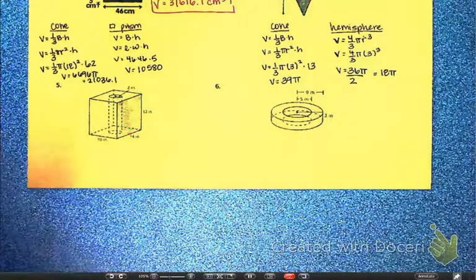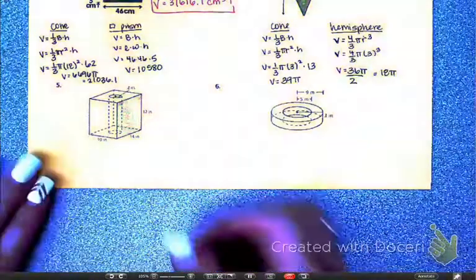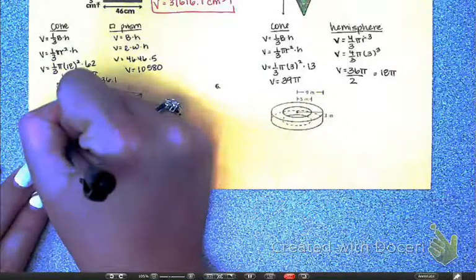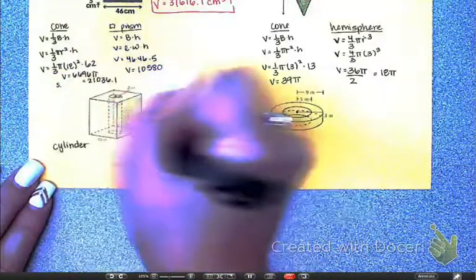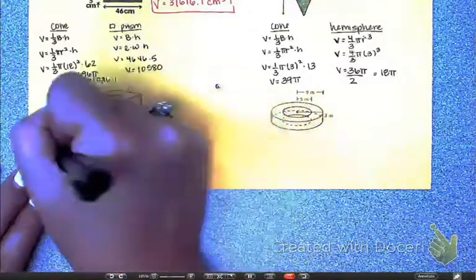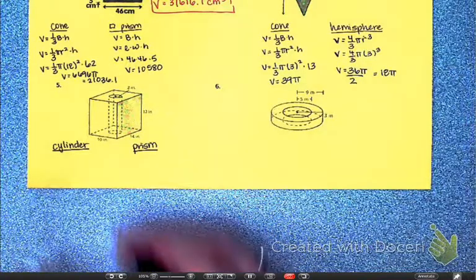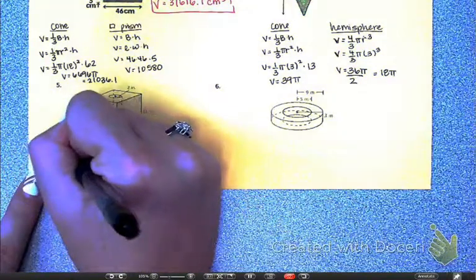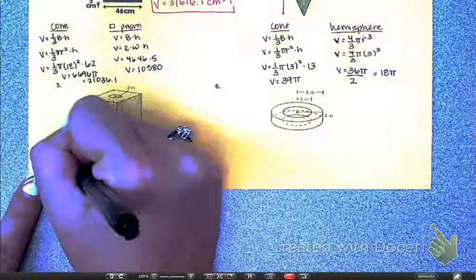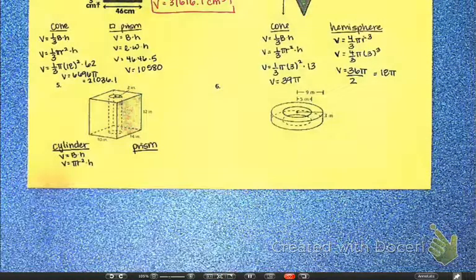So let's start with the 2 figures that you see. Cylinder and a prism. Okay, so let's start with the cylinder. Volume equals base area times height, and my base is a circle, so pi r squared times height.